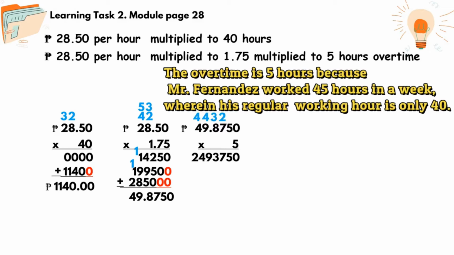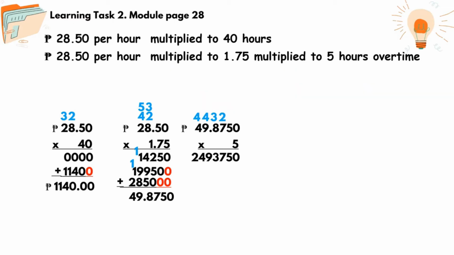We multiplied 28 pesos and 50 centavos per hour by 1.75 since it is the overtime rate. And we also multiplied the answer by 5 hours because Mr. Fernandez worked 5 hours overtime.